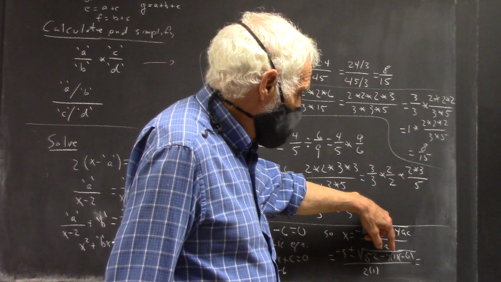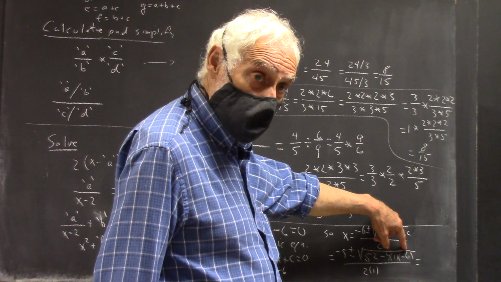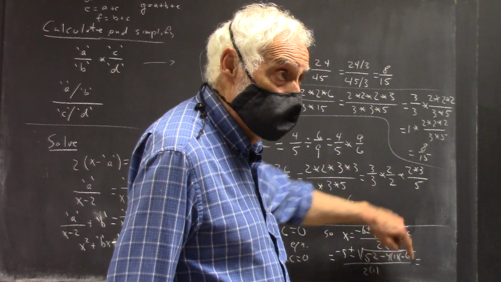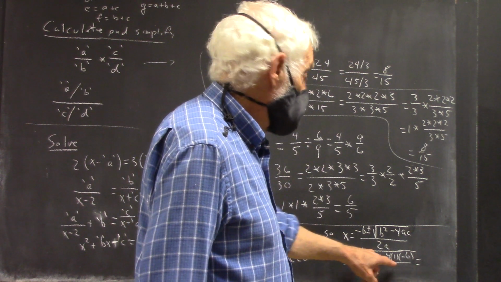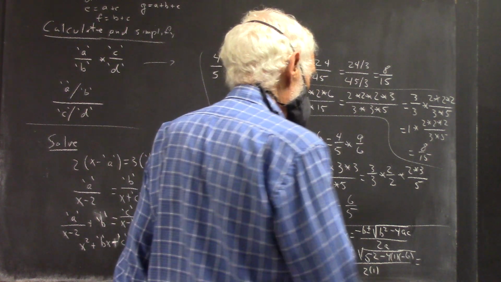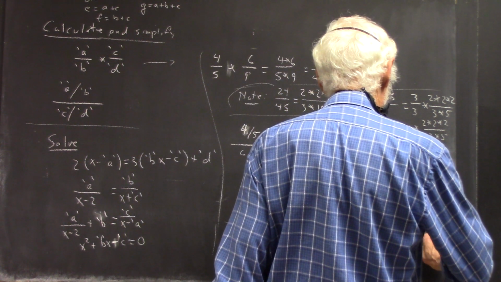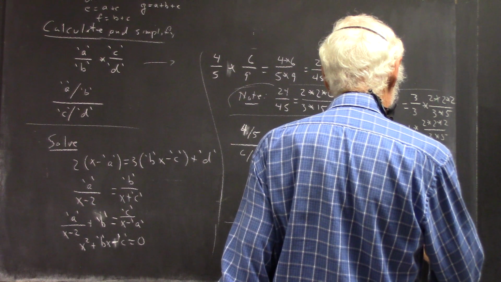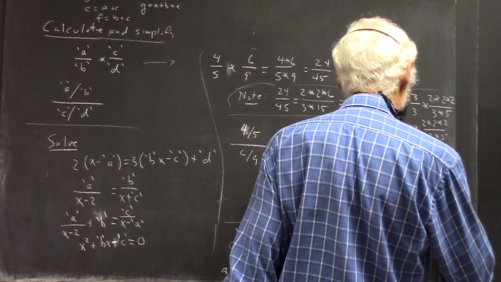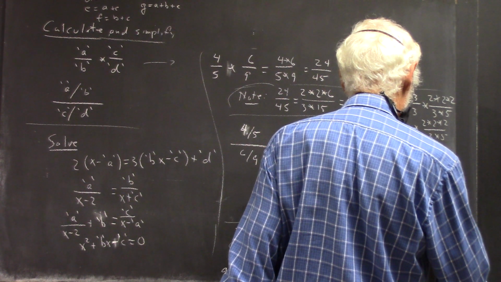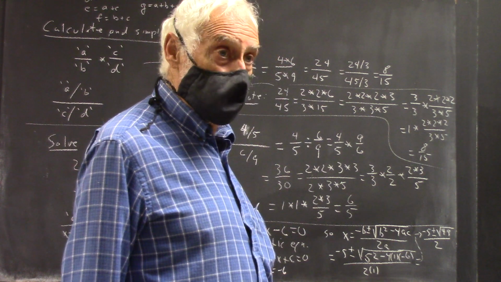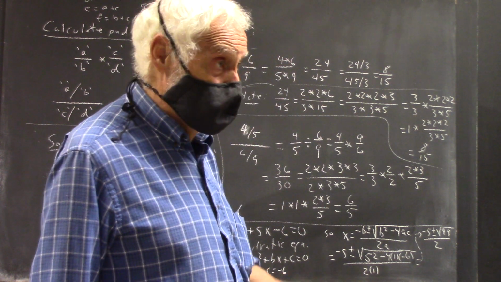And 4 times 1 times 6 is 24. You've got a negative here and a negative here, so it's going to be plus 24. So when you simplify this, you get 49. I can write it in 2 steps. That's -5 plus or minus the square root of 49 over 2. Square root of 49 is 7.